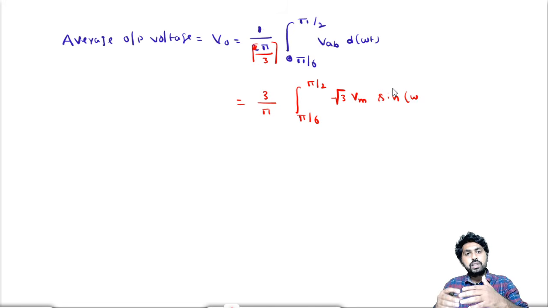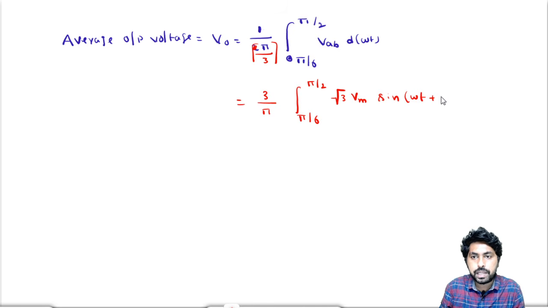We know that line voltage leads the corresponding phase voltage by 30 degrees, so it will be sine of omega t plus 30 degrees into d omega t.